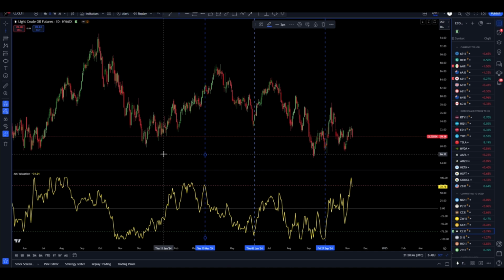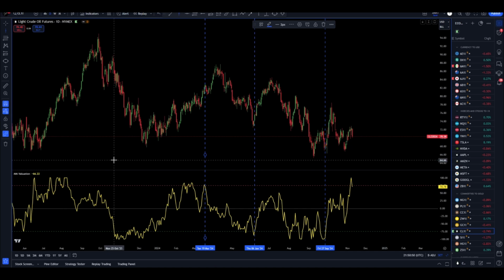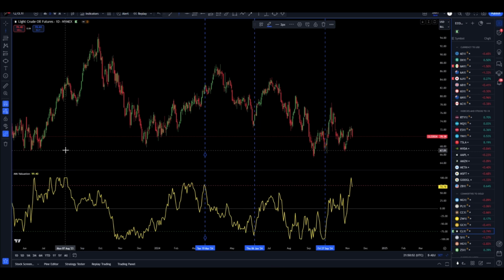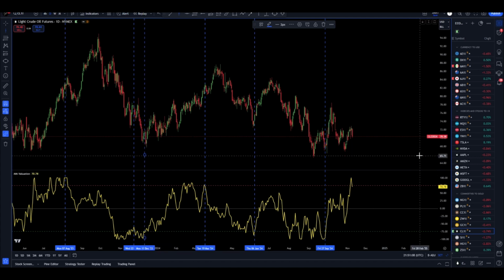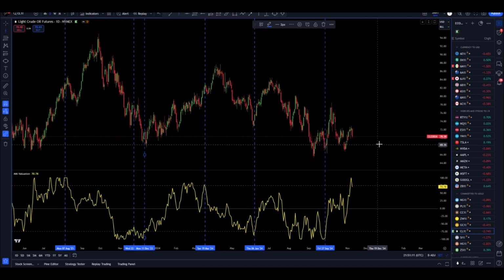It gives you the value of an asset against another asset. Another example: over here overvalued, and we have seen a down move. Another example, we have been undervalued, and we have seen an up move again. Undervalued, up move. Then let's go to the last one, which is the stock market.